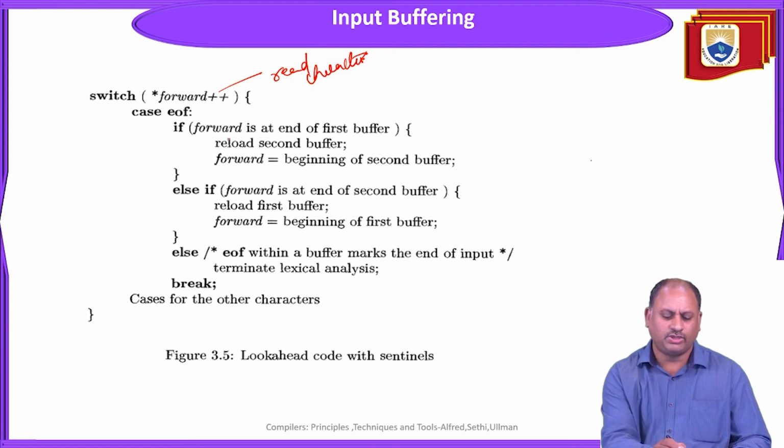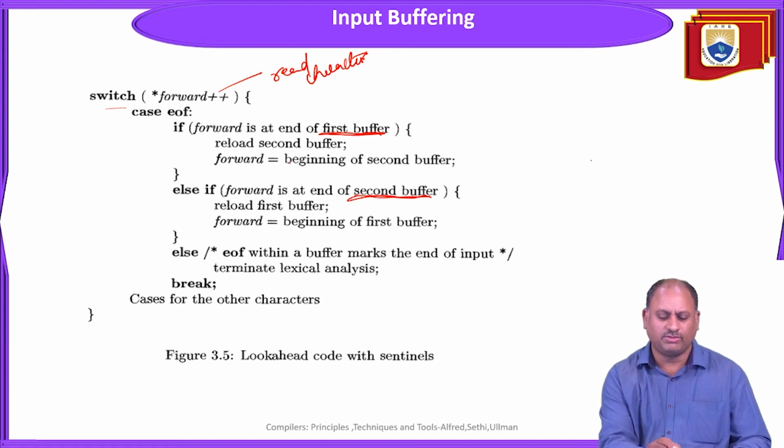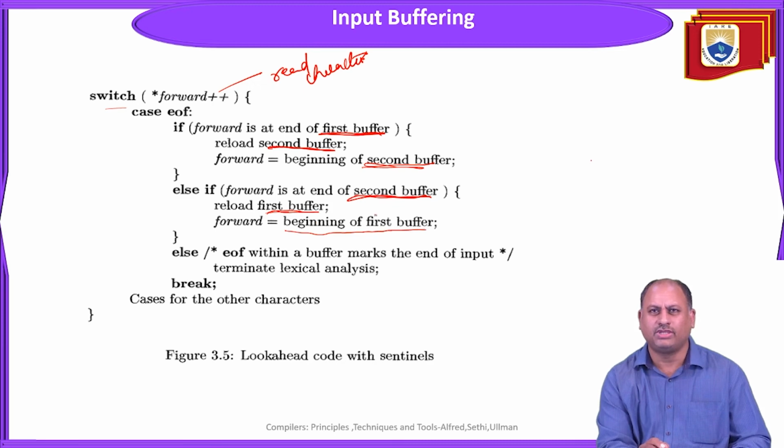While reading, the first condition verifies whether the end of the first buffer is reached, or whether the end of the second buffer is reached. Whenever it reaches the end of the first buffer, we start the second buffer, place its contents, and reload the second buffer. Suppose we are at the second buffer; then we reload the first buffer contents and start processing the first buffer. This process is repeated.